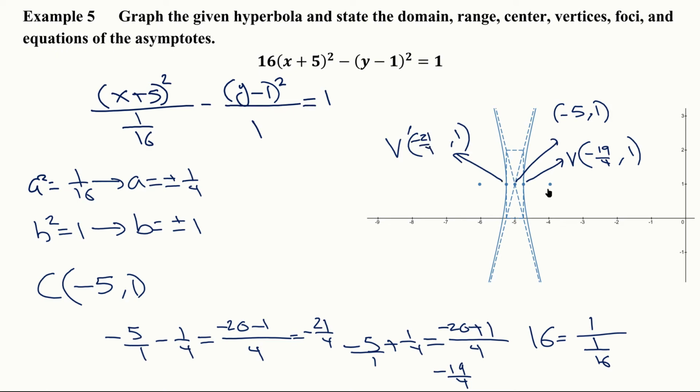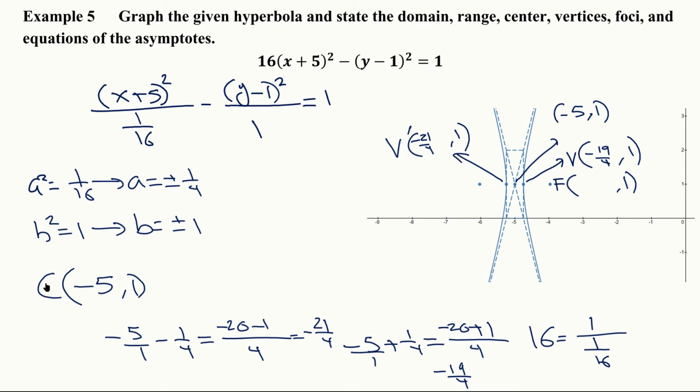For the foci, for this focus on the right, again, I know that it's going to be at the same elevation as the center, so the y value is 1. The x value, I need to take the x value of the center and add c to it. The problem is we haven't found c first, so let's go find c.